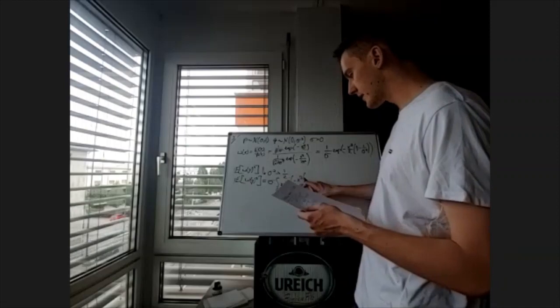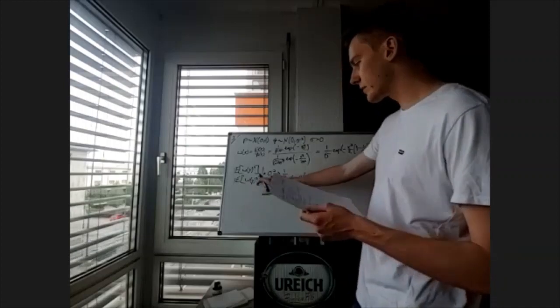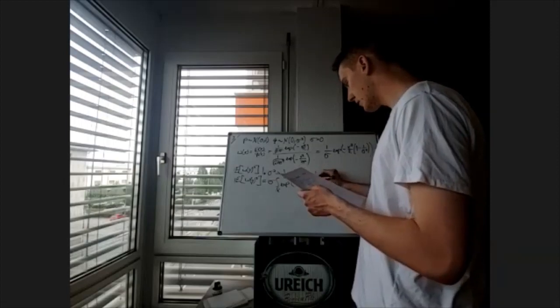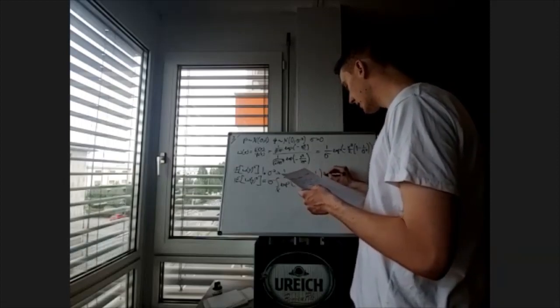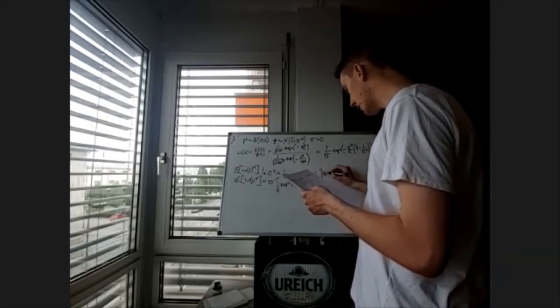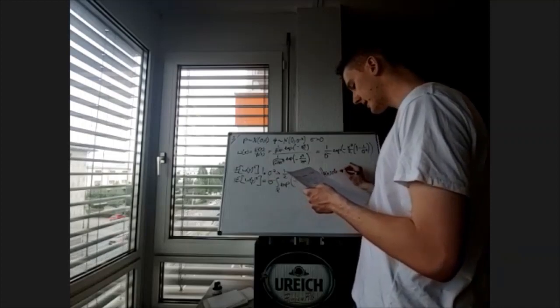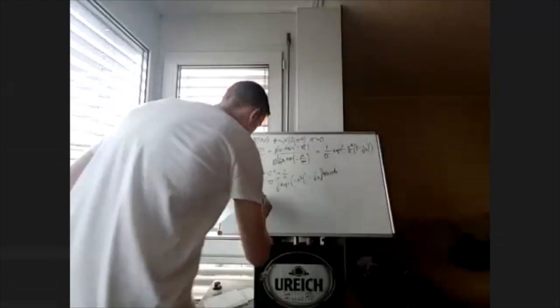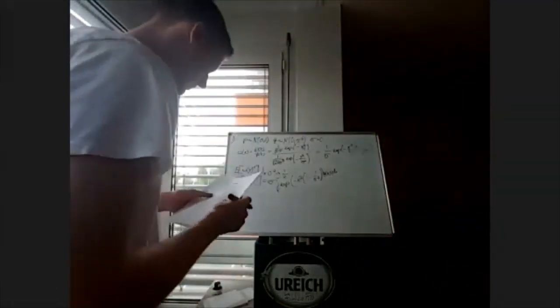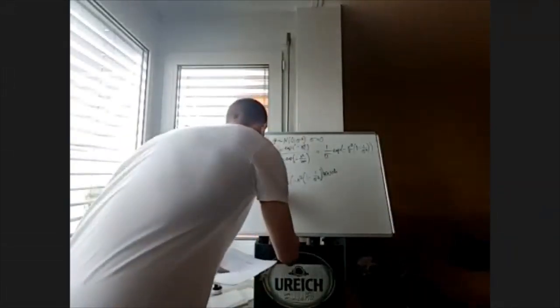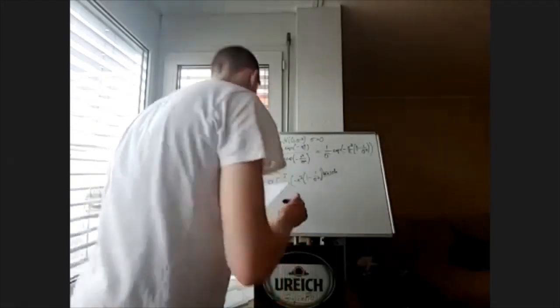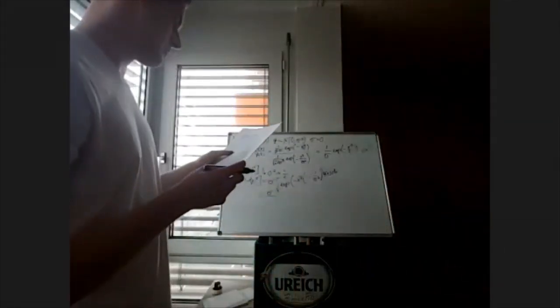Again, here is no over 2 because of this 2. 1 minus 1 over sigma squared q x dx, which is now sigma.